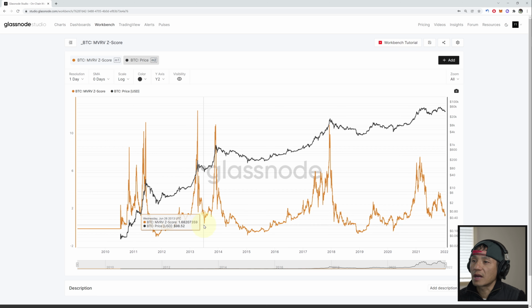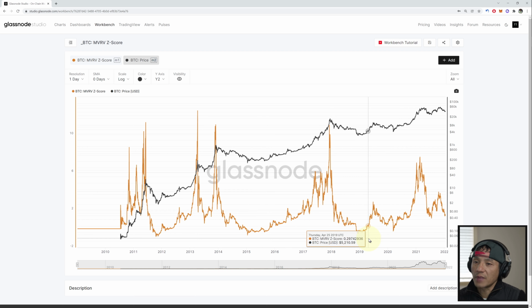Here's another bottom. You can see right here. Look at the price up above the little black diamond. MVRV score here was 0.57. Here's another bottom. I can't get it all the way down, but you get the picture. 0.69. Here's another bottom, right there, and that is -0.45.